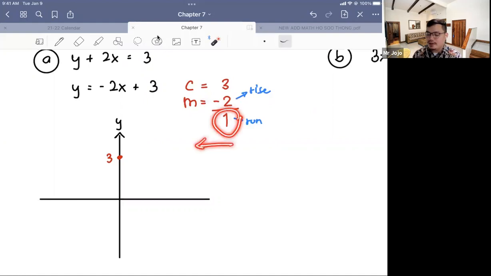Now, if you go right, that means it's positive. If you go left, that means it's negative. We are basing this on the x and y coordinates. So with that, let's look for the other point.